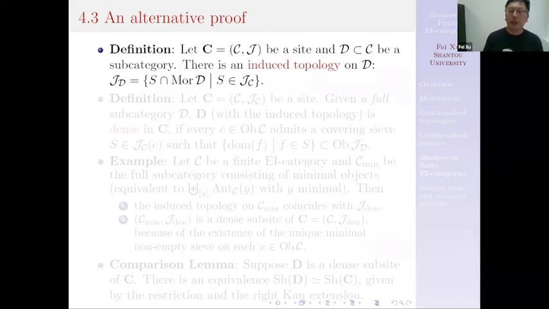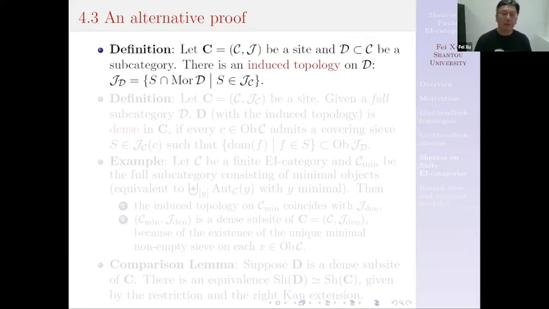Whenever you put a topology on the category of G-sets, it induces a topology on the full subcategory. The definition is as on the screen.